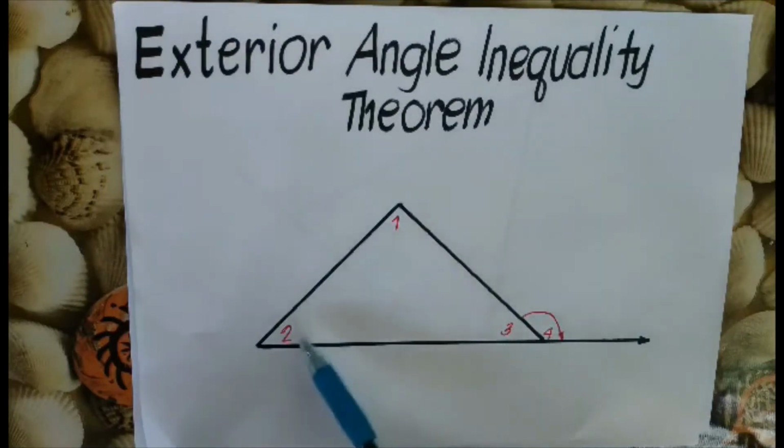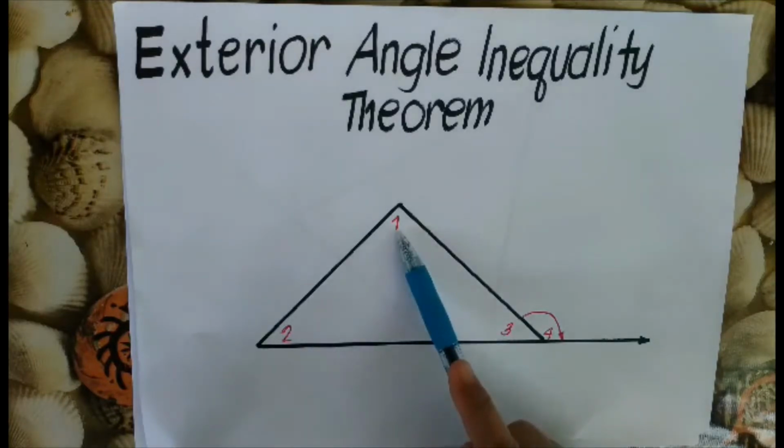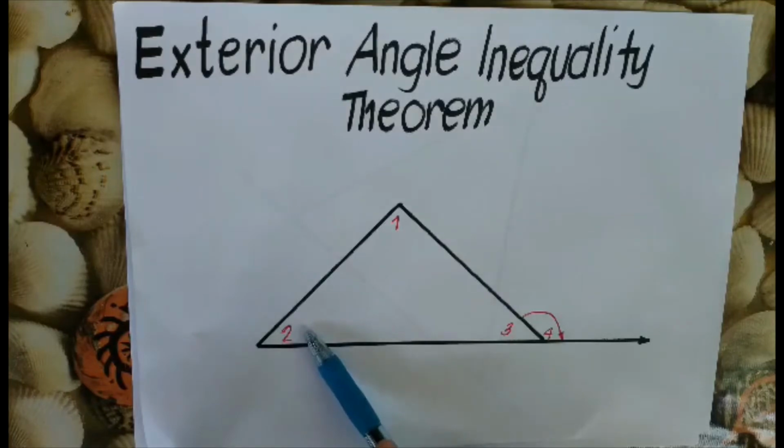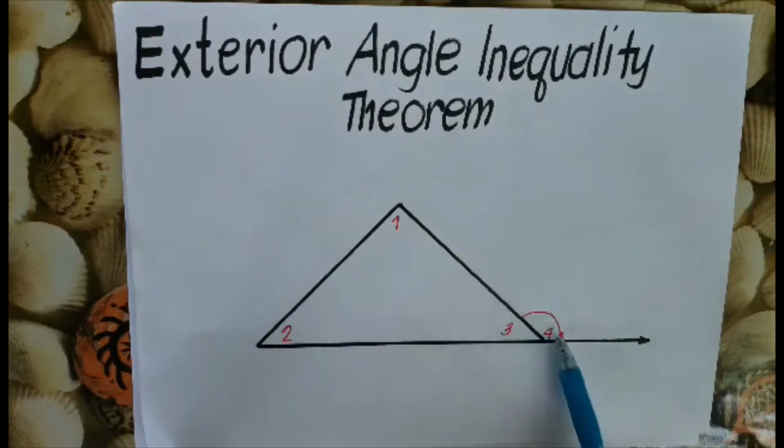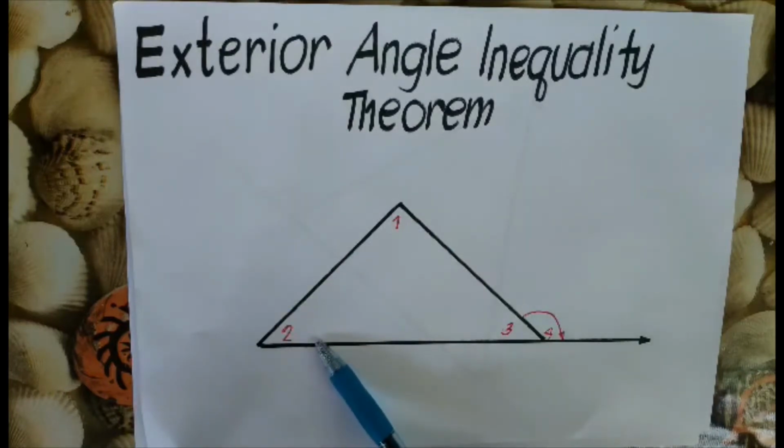Angle 1, angle 2, and angle 3 are the interior angles of this triangle. Angle 3 is adjacent to angle 4, meaning they form a linear pair and at the same time they are supplementary, while angle 1 and angle 2 are the two non-adjacent interior angles of angle 4. We can also call these remote interior angles.